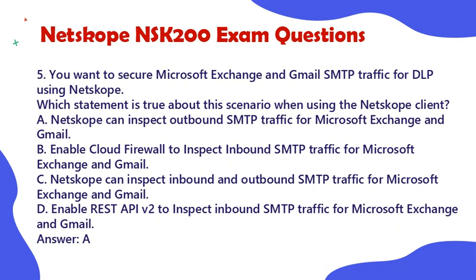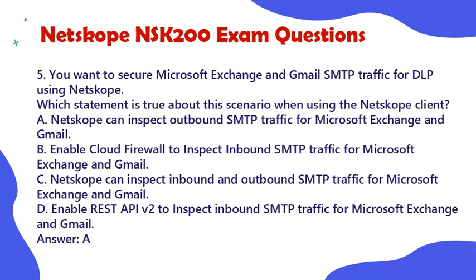5. You want to secure Microsoft Exchange and Gmail SMTP traffic for DLP using Netskope. Which statement is true about this scenario when using the Netskope client? A. Netskope can inspect outbound SMTP traffic for Microsoft Exchange and Gmail.